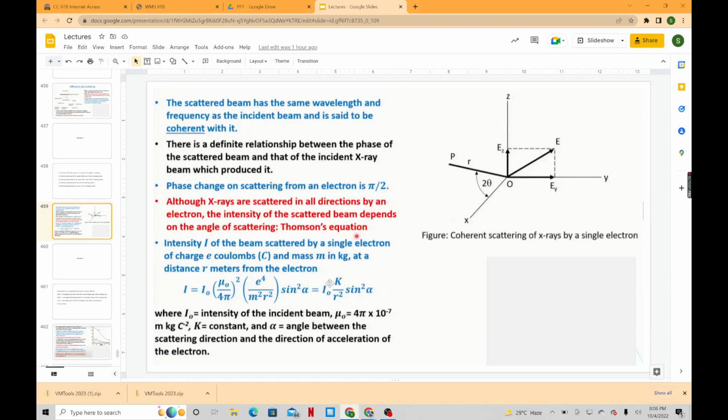Okay, boss, there is one tricky question. According to the Thomson equation, the intensity of the coherent scattering depends on the angle of scattering, the intensity of the incident beam, or the mass of the scattering particle. He is saying that according to Thomson, coherent scattering will occur, and the intensity is whether the angle of scattering, the intensity of the incident beam, the mass of the scattering particle, or all of the above.